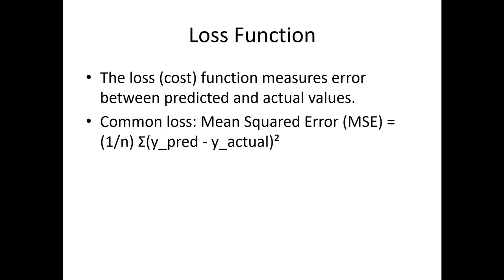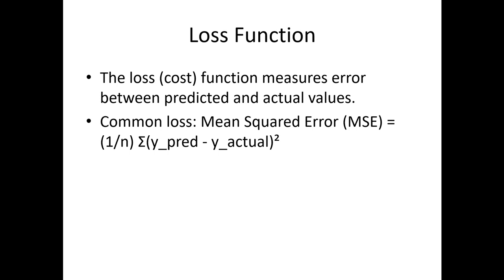This means we take the difference between predicted and actual values, square it, and find the average across all the points. Why do we square the difference? Because if we didn't, positive and negative errors would cancel each other out. Squaring also gives more weight to large errors, which helps improve accuracy.